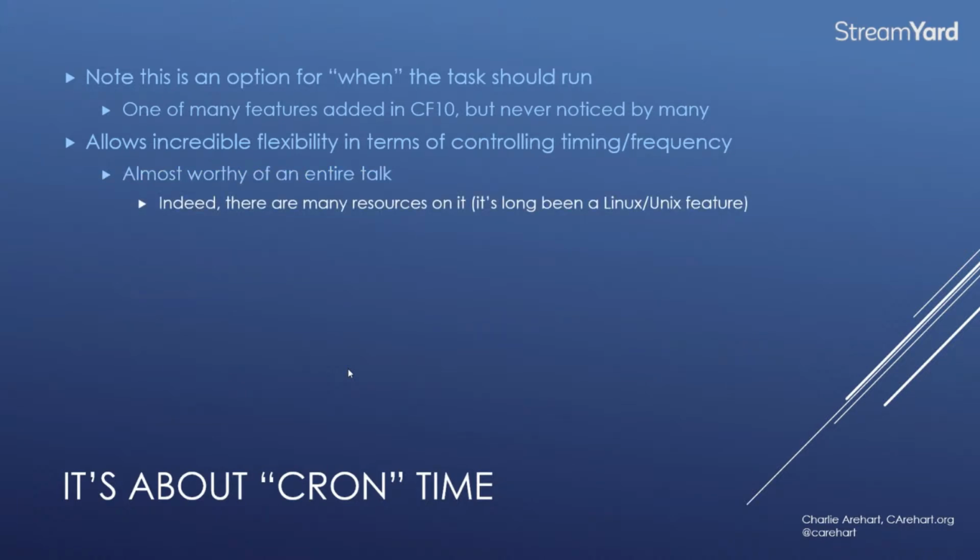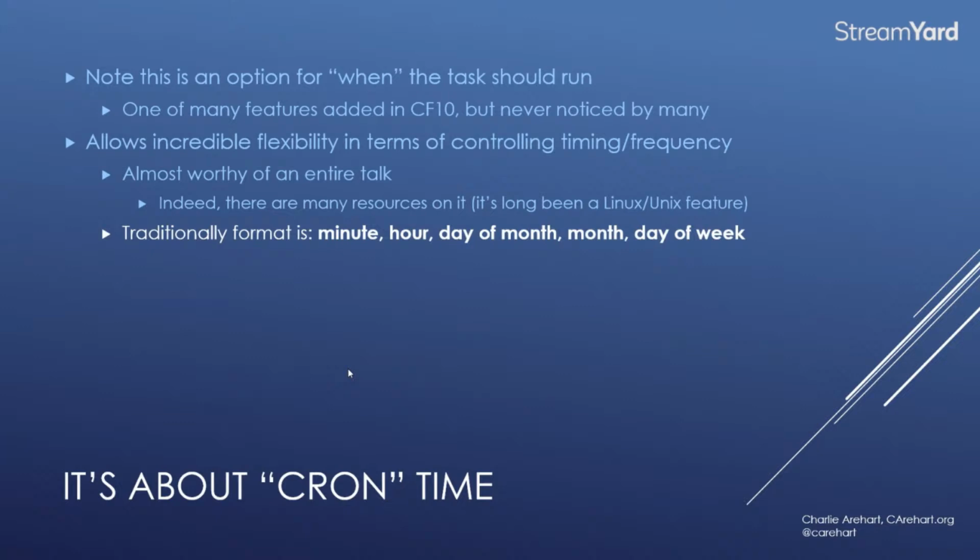And there are resources, because cron time and cron jobs are a Linux feature. Cron time is well explained in lots of resources on the web. And traditionally, the format of those space-separated characters is the minute, the hour, the day of the month, then the day of the week. And that's what those asterisks and numbers were about.